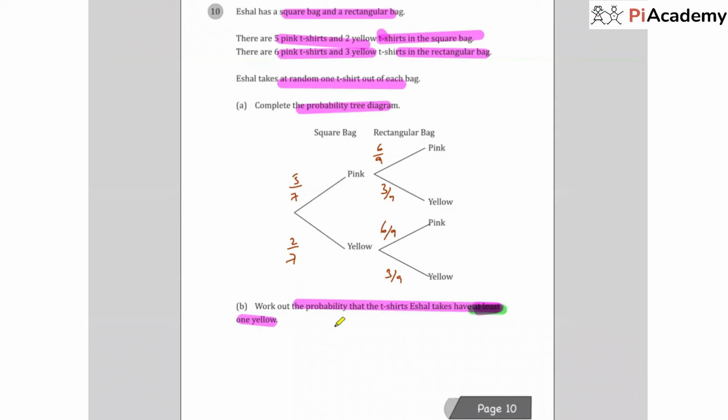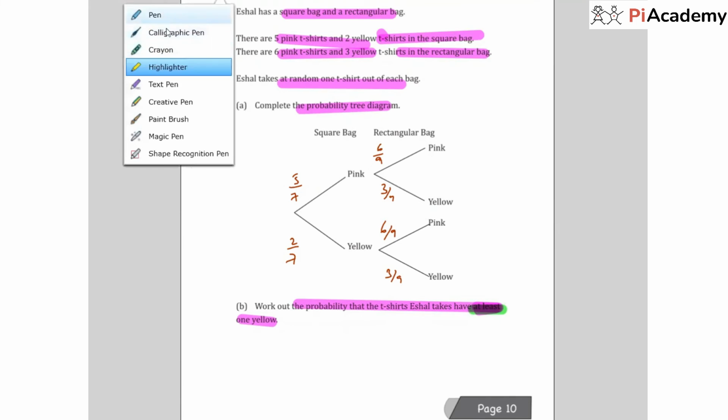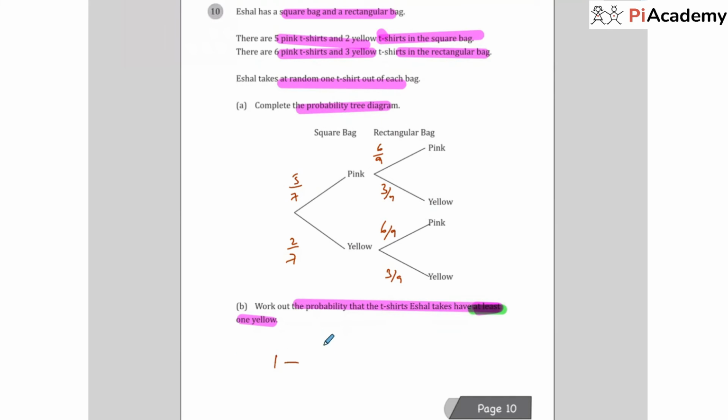So would you have to do 1 minus 3/7 times 6/9, which is 18/63? Sorry, not 7/2. Once again, can you repeat?